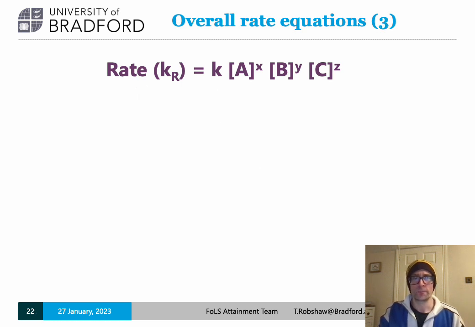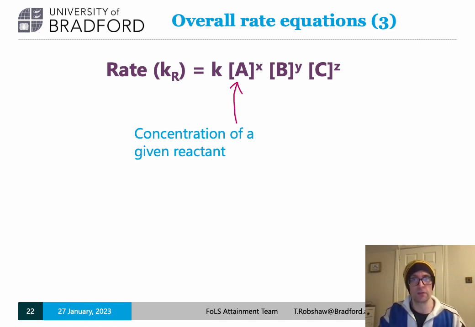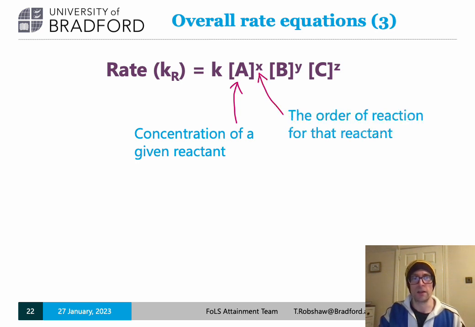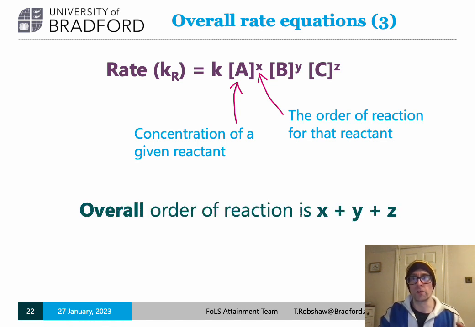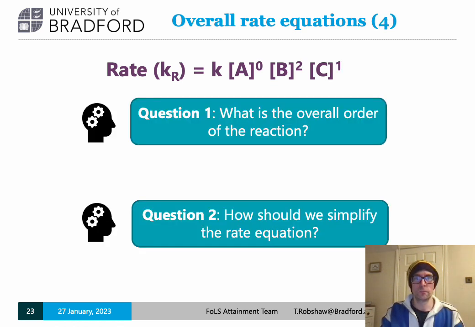And then the terms in the square brackets are the concentrations of the three reactants, and the superscript terms, the powers of terms, now they refer to what order the reaction has been found to be for that specific reactant. And the overall order of the reaction is found by simply adding up these terms.